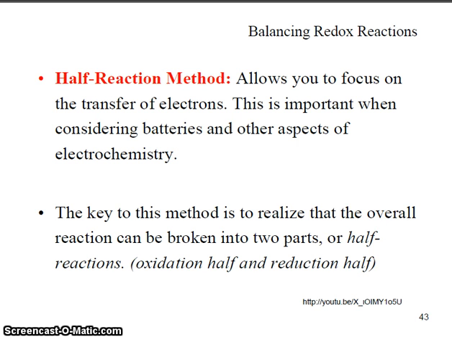And the second thing you need to know is you essentially will need to balance out the oxidation as well as reduction components of the reaction, and then you go forward.